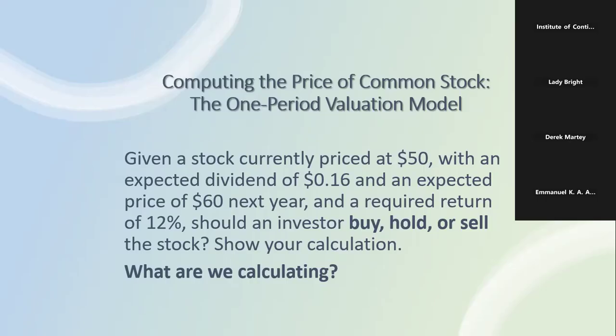They gave us price, P, at the end of the year. They gave us the dividend. They gave us KE. And they are asking us, should an investor buy? What exactly are we calculating?